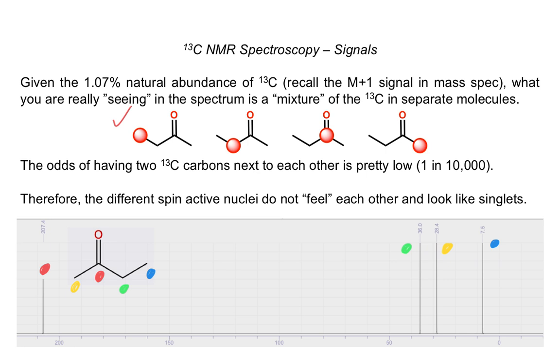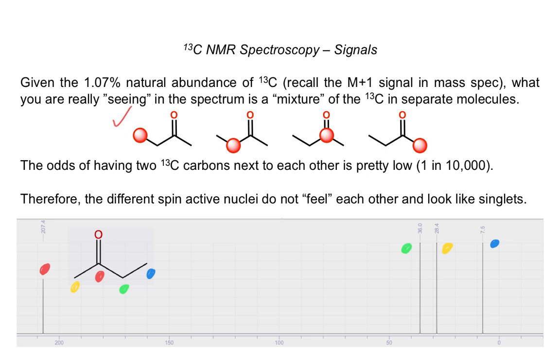Within the bulk sample, you have 4 different molecules where that C13 label is shown by the red dot. Then in the spectrum below, I've colored in where those signals appear.